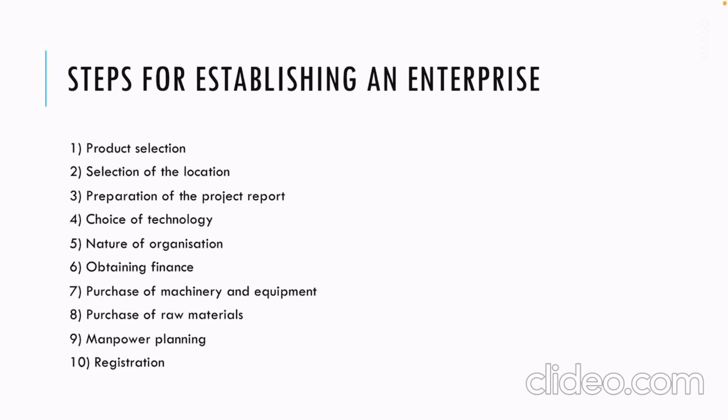An enterprise can select its products or services based on the different types of organization like manufacturing, trading and service industries. That is, it can go for the manufacturing field, it can go for trading, or it can also go for offering services.